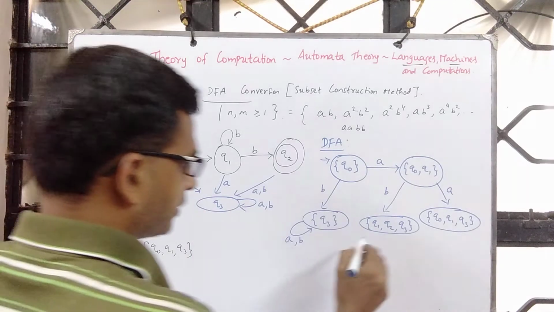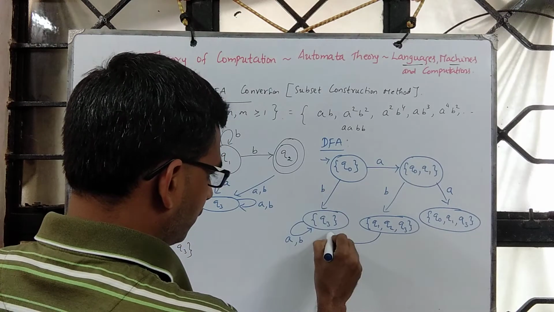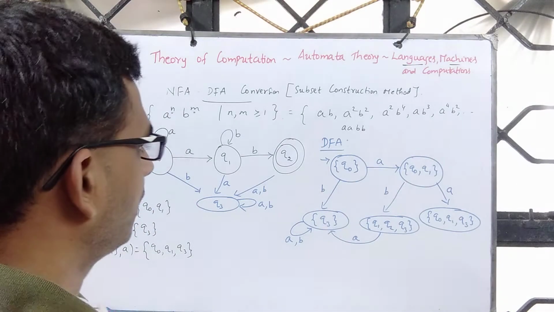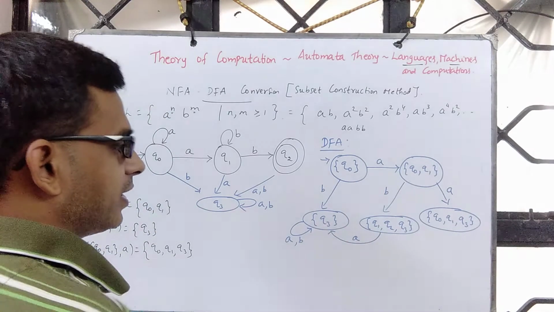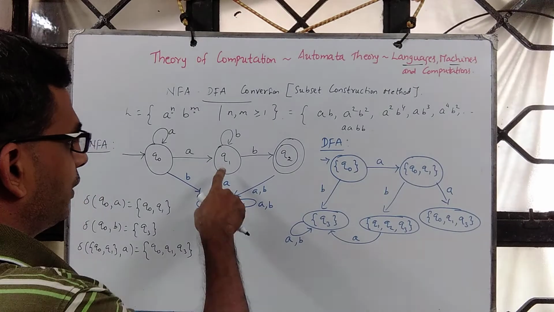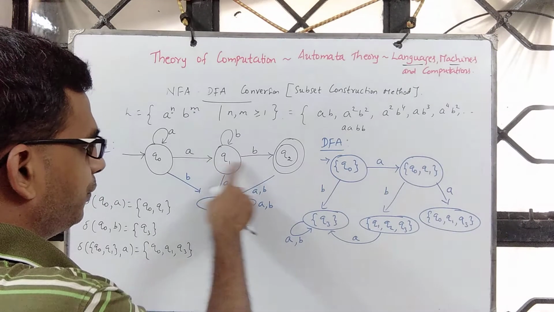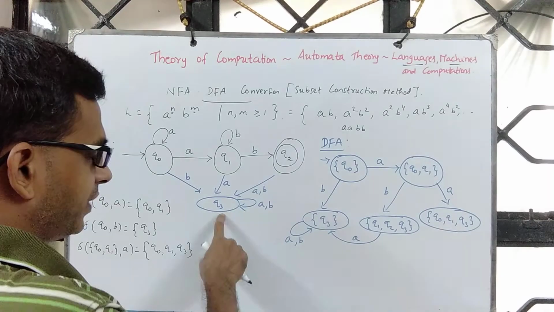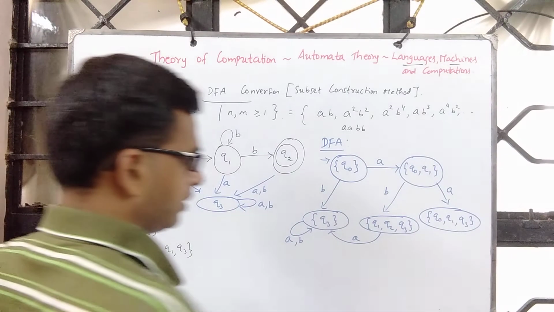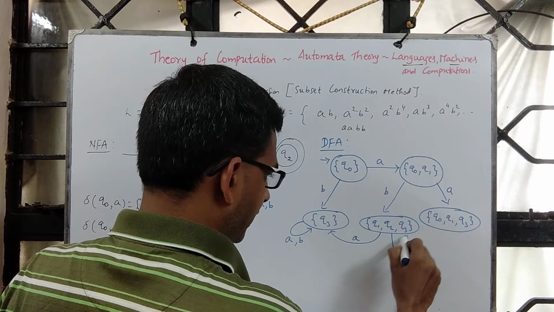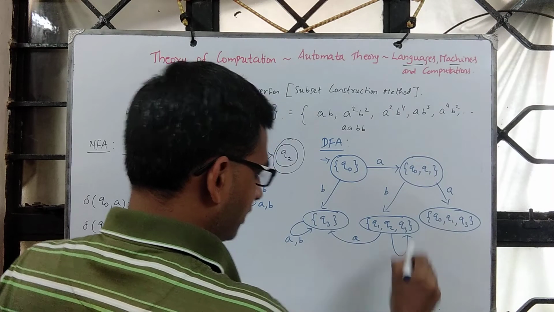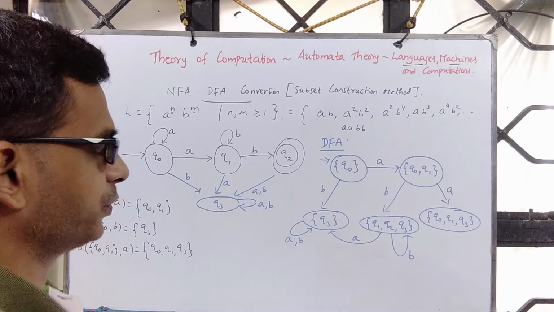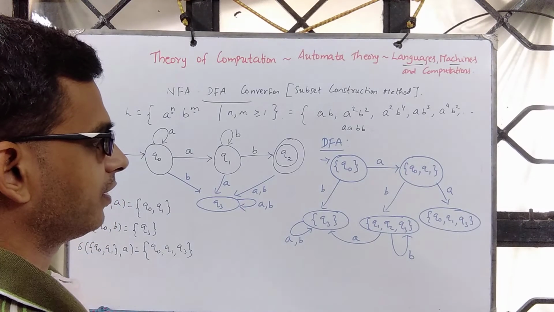For Q3 also it is Q3. So we go to this state on reading A. What about B? For Q1, it is Q1, Q2. For Q2, it is Q3. For Q3, it is Q3. So therefore, we continue to read B at the same state, Q1, Q2, Q3. Fine.